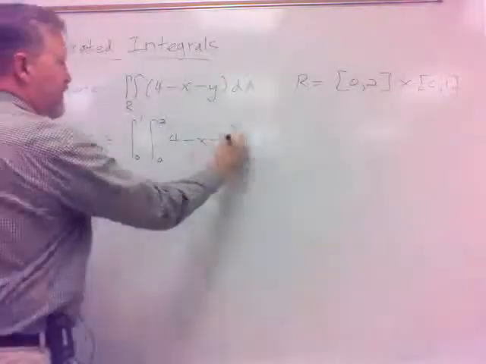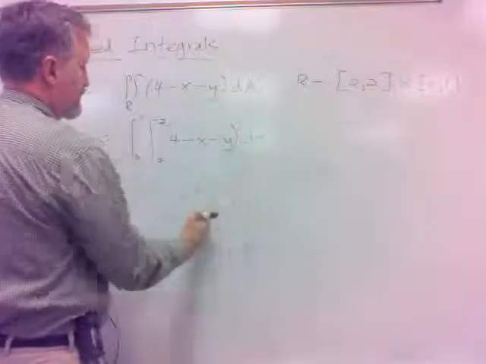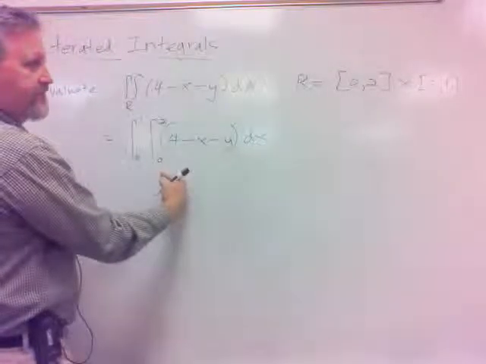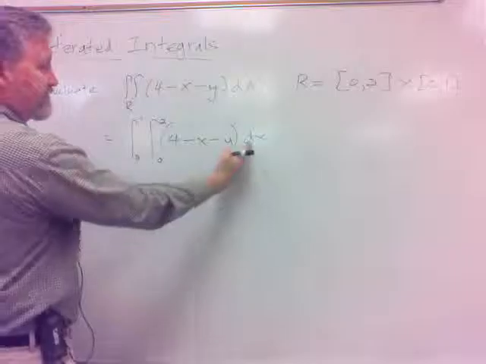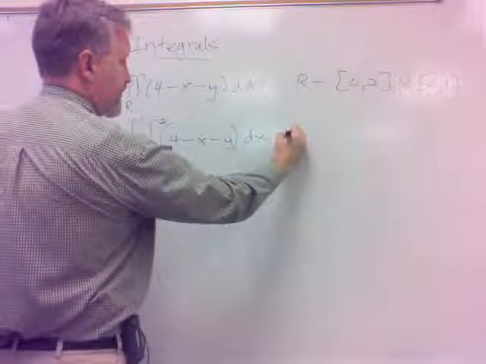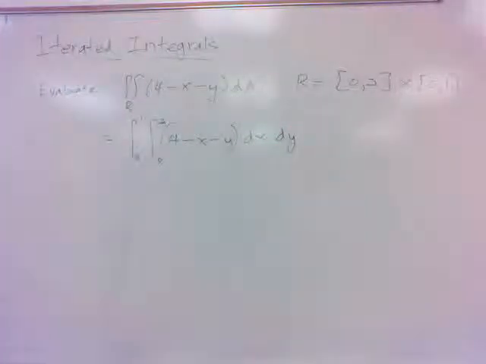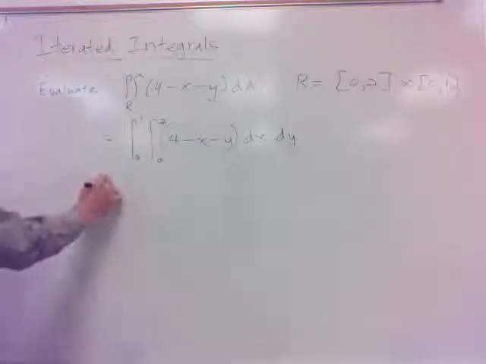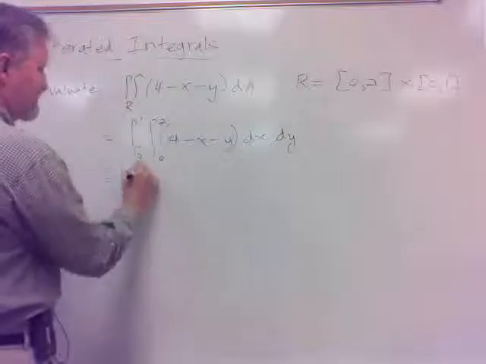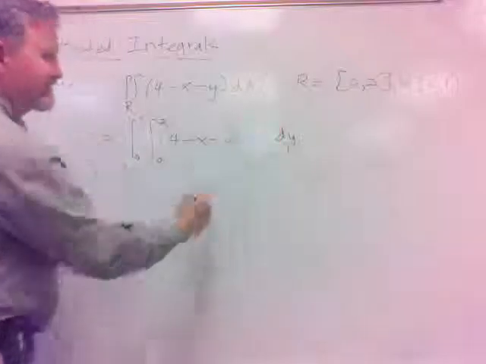4x minus y. The x's endpoints are listed first, so I'm going to do it with respect to x. Then I'll take that result and do the integral with respect to y, that secondly. First, right?